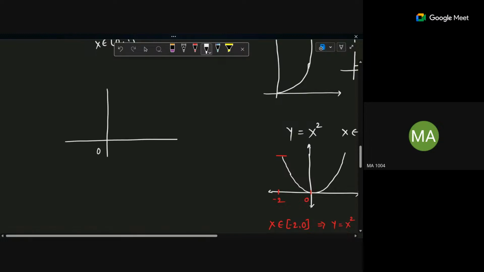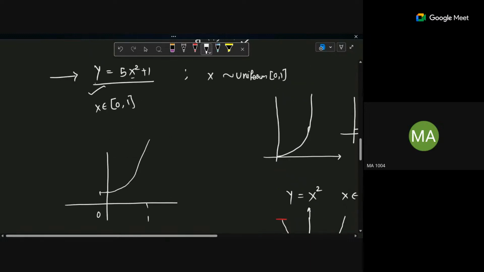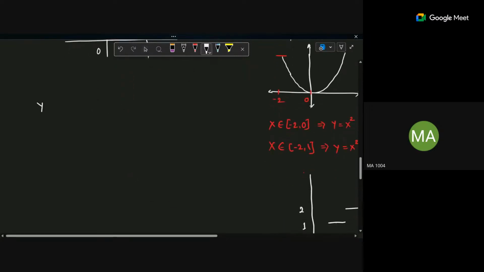So your graph will be something like this kind of thing, a parabola, 5x square plus 1 with x lying between 0 and 1. So it is monotonic and differentiable. Then what's your next task?